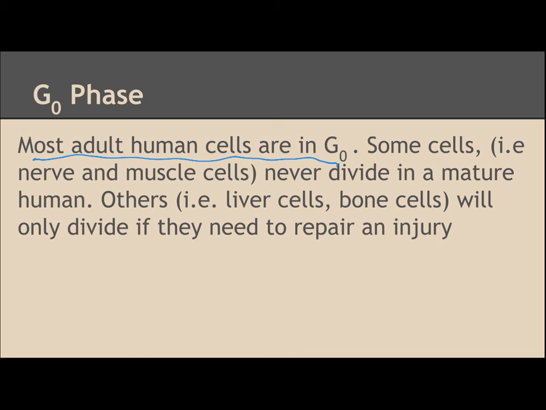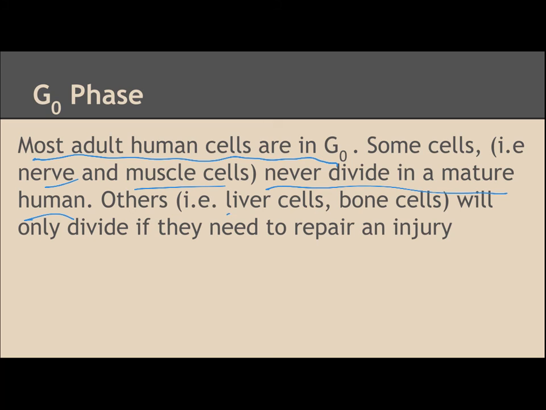So while there are some cells that continue to divide all the time, like those cells in your skin or your digestive system that we talked about, a lot of cells, like your nerve cells, your muscle cells, as long as you're not injured, never really divide. And actually, nerve cells, once you're mature, really can't divide anymore. You're stuck with the number of nerve cells you have, which is why nerve damage and brain damage, etc., are so difficult to heal and sometimes impossible to heal.